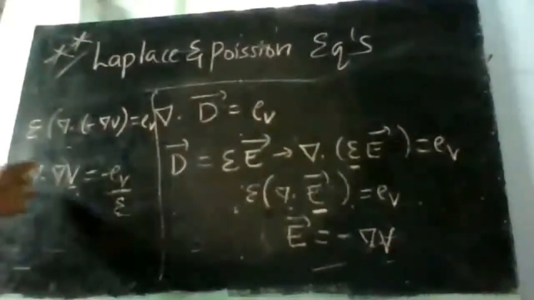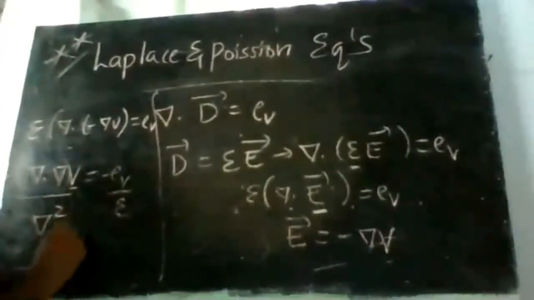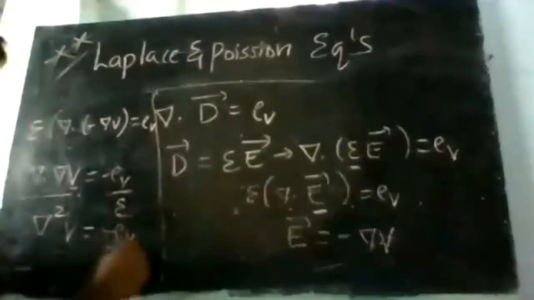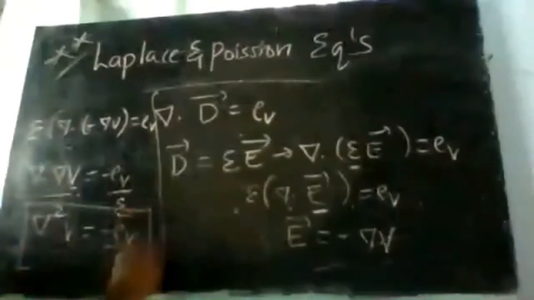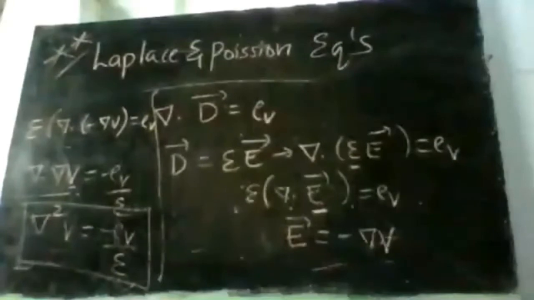So we get only the magnitude, and we can write this expression as del square V is equal to minus rho v by epsilon. This equation is called Poisson's equation.